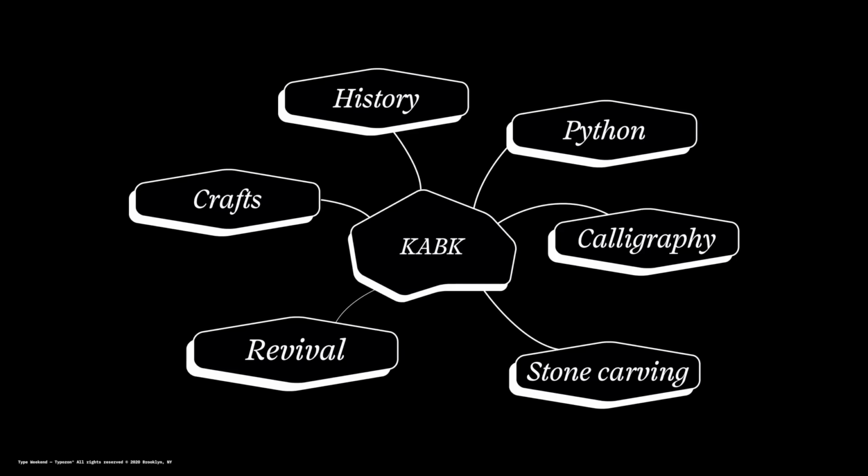The first semester you get to learn a lot about history, Python programming, calligraphy, stone carving. You do a revival project and also other crafts and events around. But during the second semester, you get to do your final project. For me, that final project was Salvaje, the typeface.